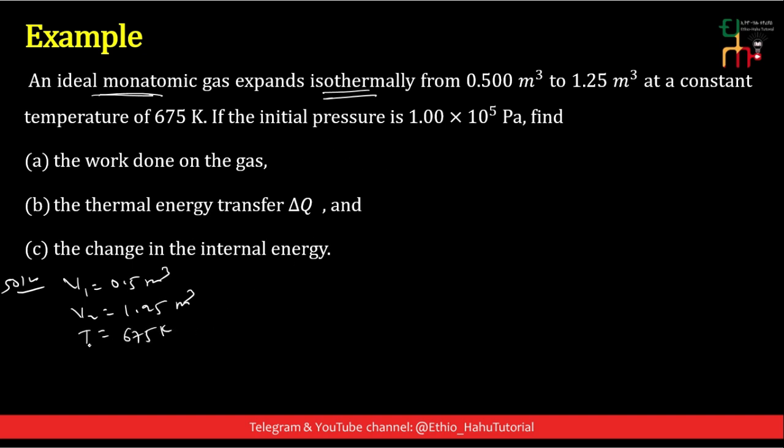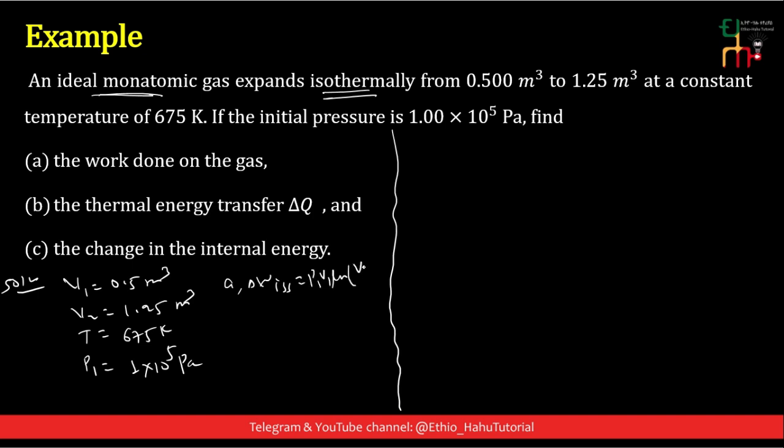If the initial pressure P1 is equal to 1 times 10 to the power of 5 Pascal, find A. Delta W in an isothermal process is equal to simply P1 V1 ln of V2 over V1.